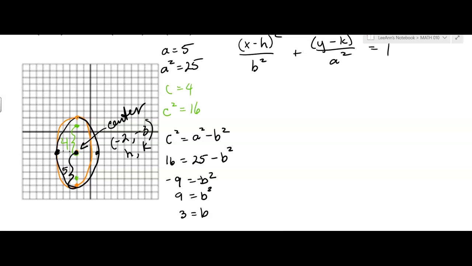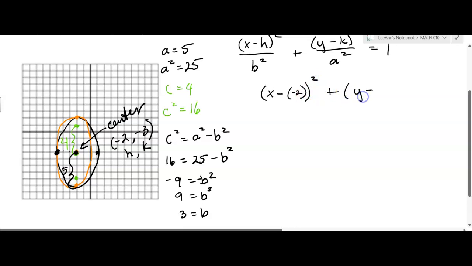Okay, now do I know h, k, a squared, and b squared? I do. So I can write x minus -2, I'll have to fix that in a minute, and then y minus -3.